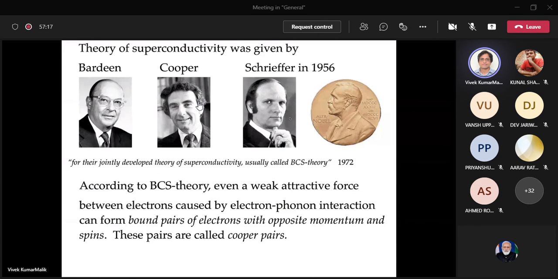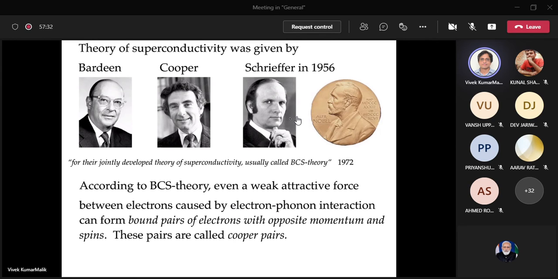I have not introduced the word phonon so far. This phonon is actually related to the vibrations of the background ions. These vibrations can also be quantized.